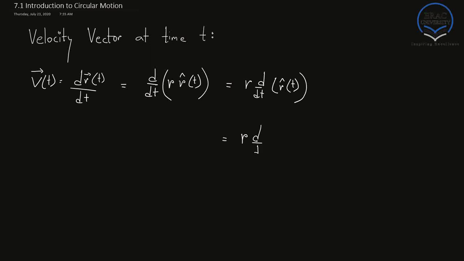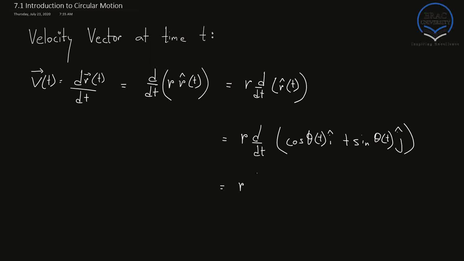So you would have d by dt of cos theta t i hat plus sine theta t j hat. How do you do this differentiation? It turns out that this differentiation is given to you by r. Of course i hat and j hat don't change with time, so in doing this differentiation it's a little simpler.